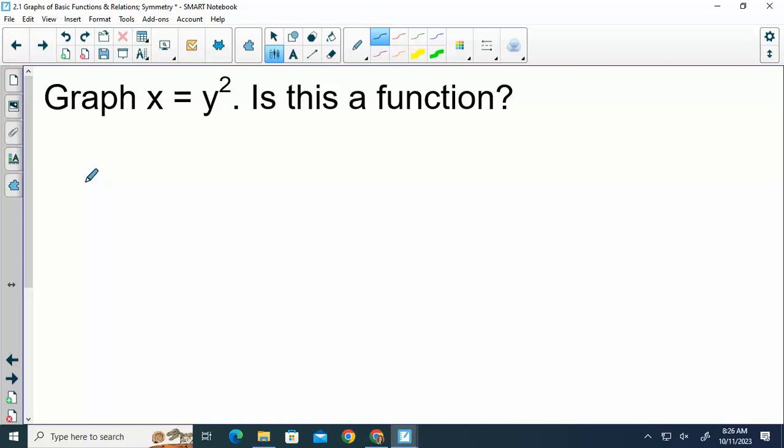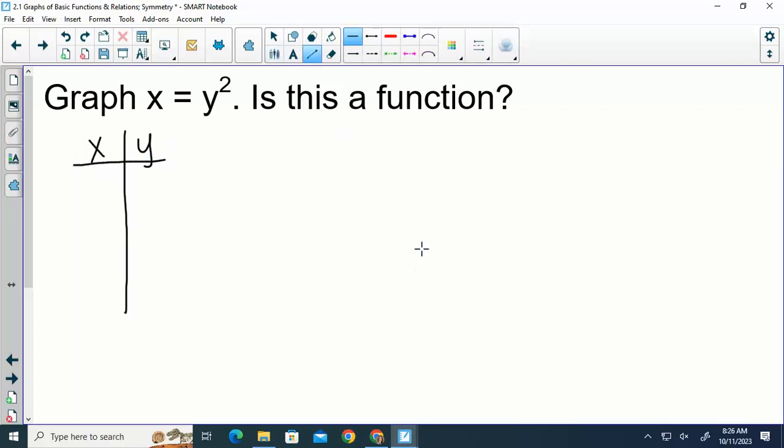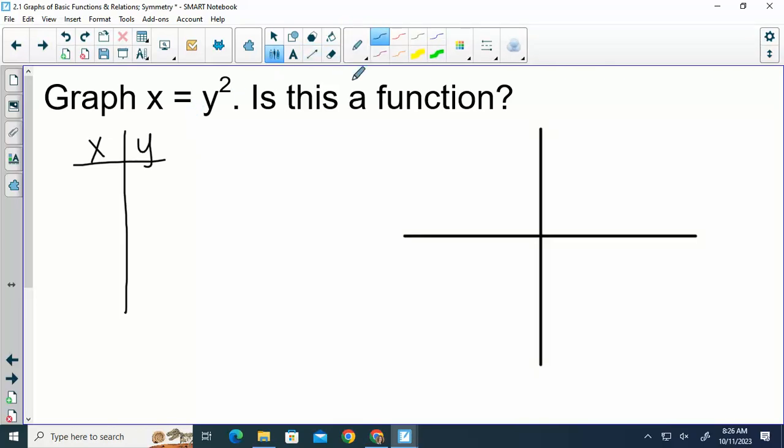This one is x equals. Now, if you're trying to get the graph, a t-chart is still helpful. But would it be easier to plug in numbers for x or y this time? Probably be easier to plug in something for y, and then I can square it and get my x out.